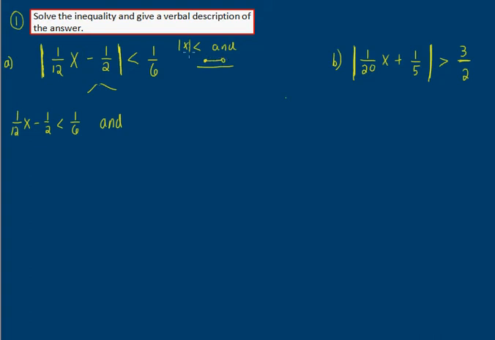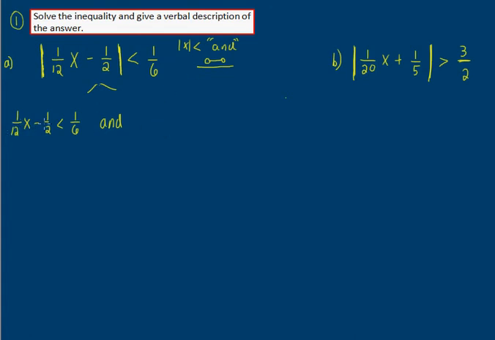In our case, the circles are going to be open because it's less than without a bar underneath it. So this is what the graph should look like, and the verbal is going to be "and" because of this less than symbol. Unless it's a special case where there's no solution, which is something we're not going to get into right now.